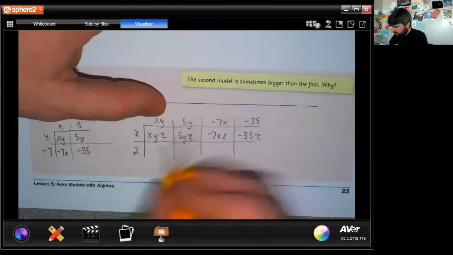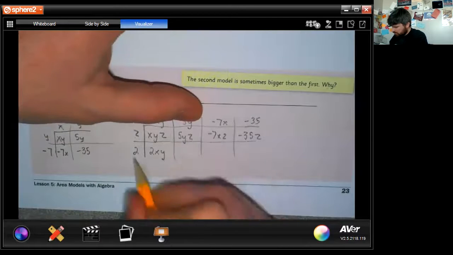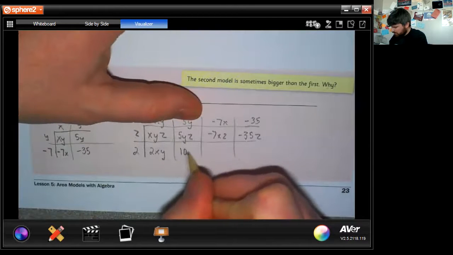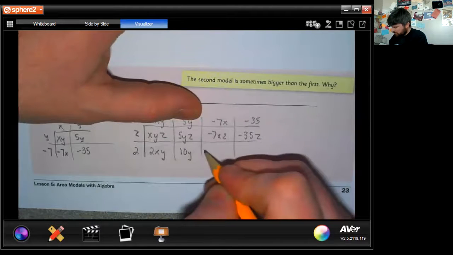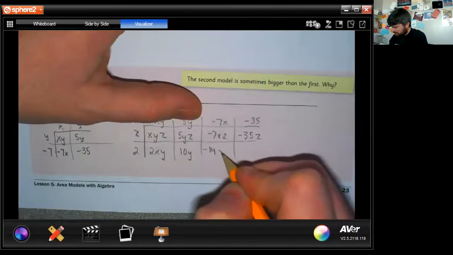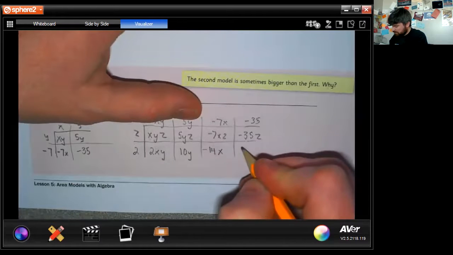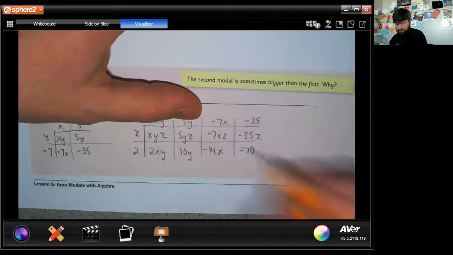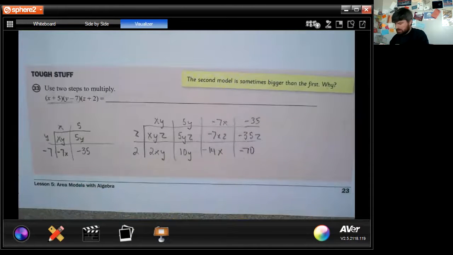2 times xy is 2xy. 2 times 5y is 10y. 2 times negative 7x is negative 14x. And 2 times negative 35 is negative 70. Okay, so none of these have the exact same letters in it, so I cannot combine like terms.